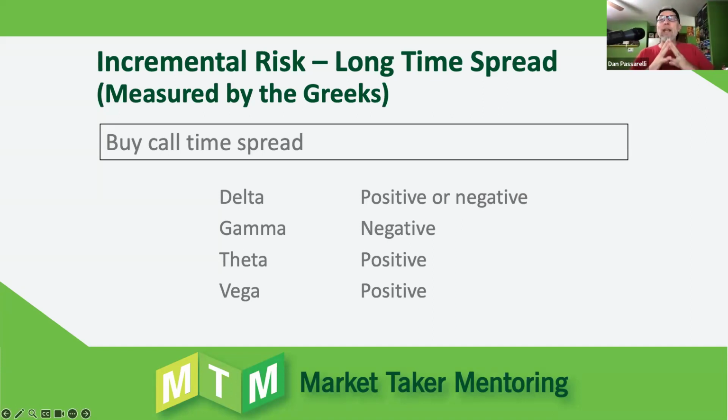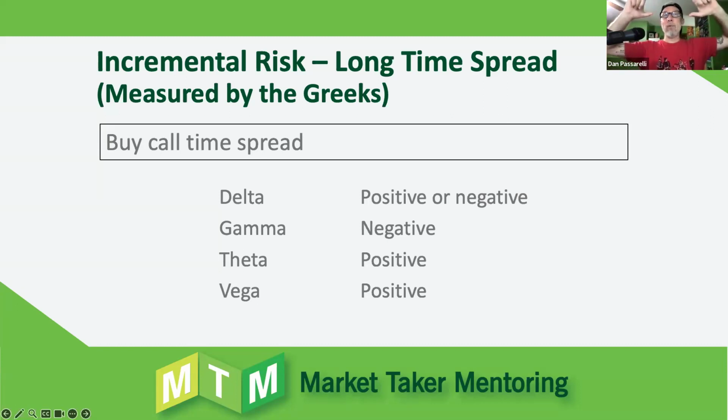Because they move independently of one another. The long option's implied volatility will go up or down, but just a little bit. Short-term options, their implied volatility moves a lot more.